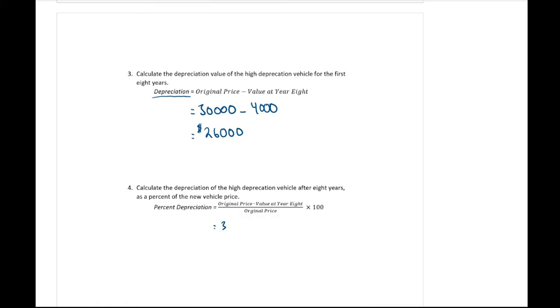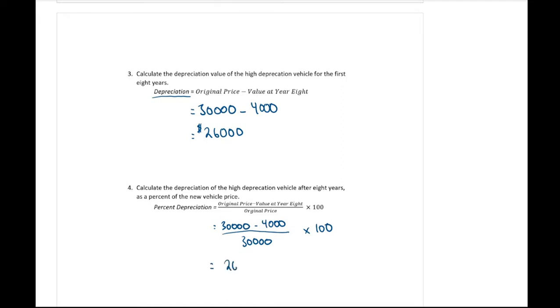So the original price, 30,000, minus the value in year 8, which was the 4,000, divided by the original price, which was 30,000, and all of that is going to be multiplied by 100.